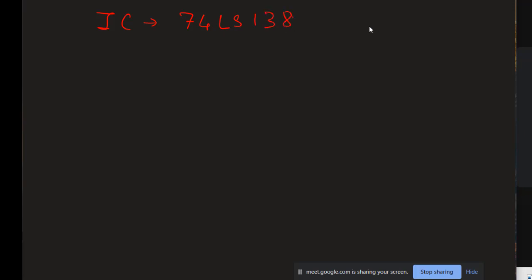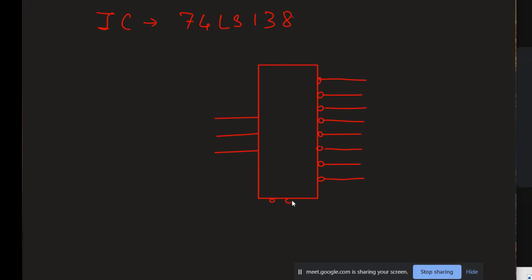Apart from that diagram, I'm going to draw the truth table as well. This is called the 74LS138 decoder, or this is also called a 1 out of 8 binary decoder or demultiplexer. I'll repeat, 1 out of 8 binary decoder or demultiplexer.